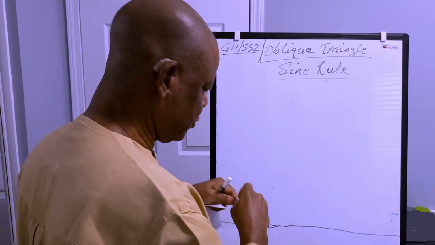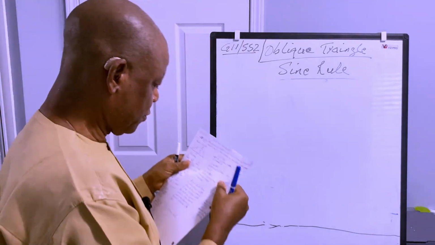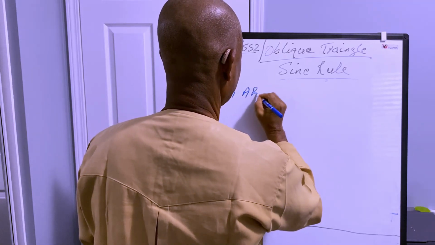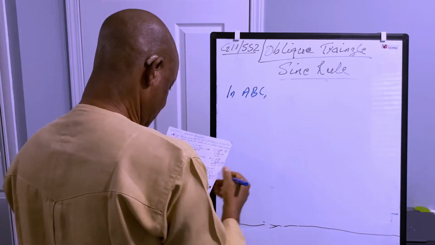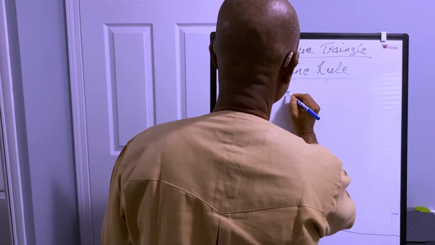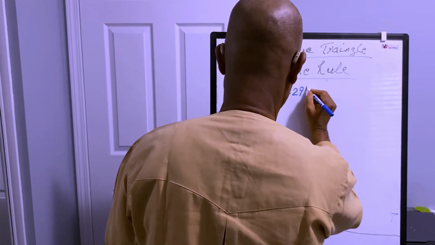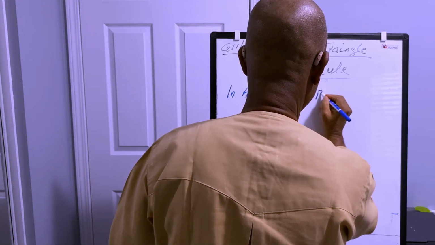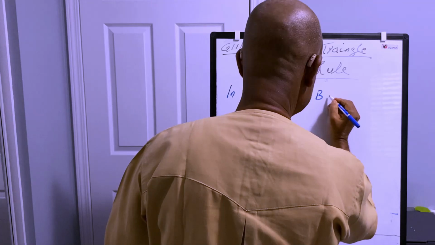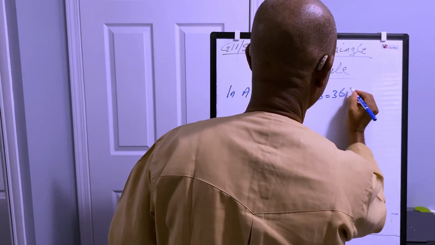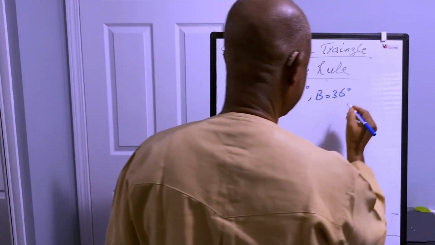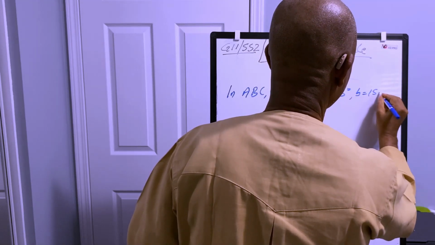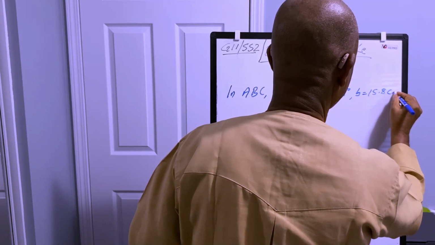In example 2, we are told that in triangle ABC, angle A equals 29 degrees and angle B equals 36 degrees, while side b equals 15.8 cm.